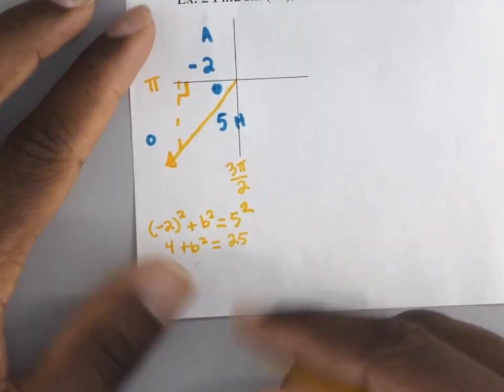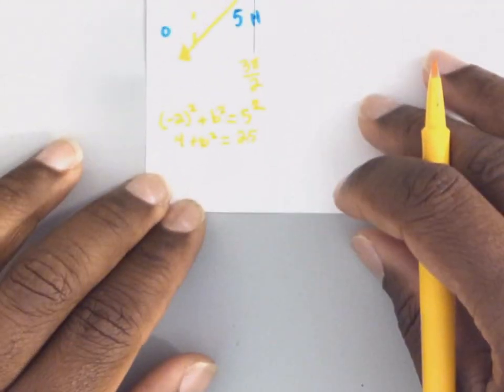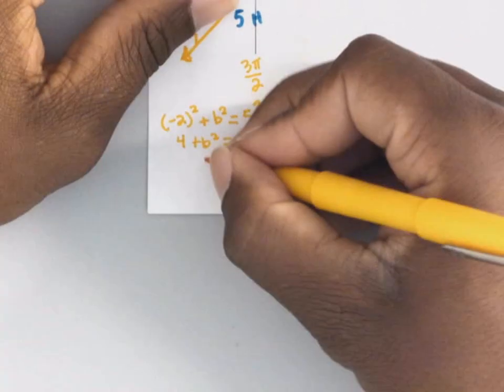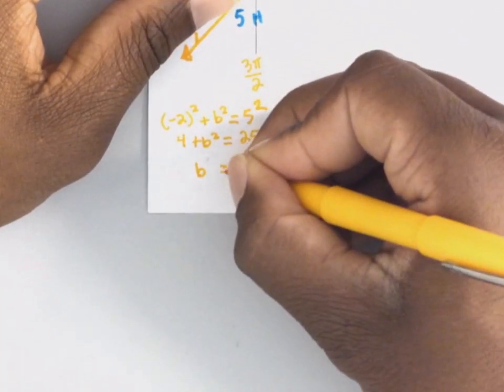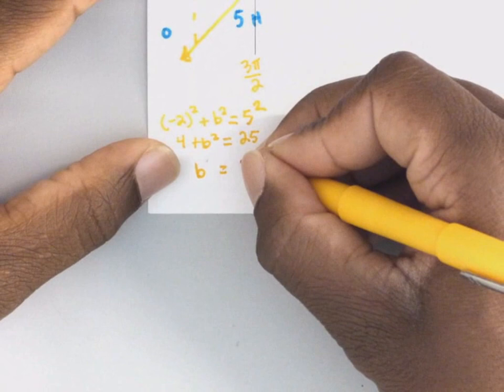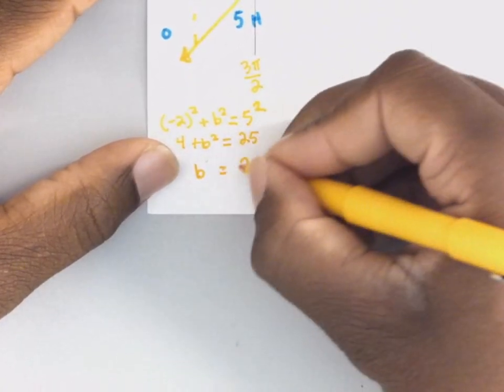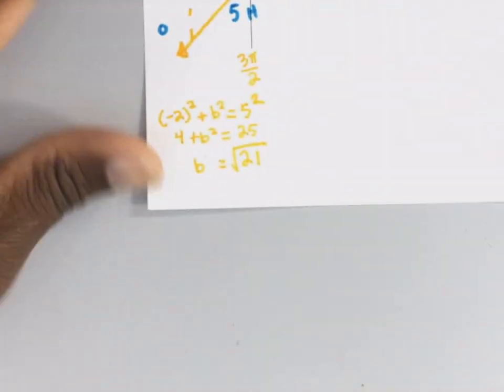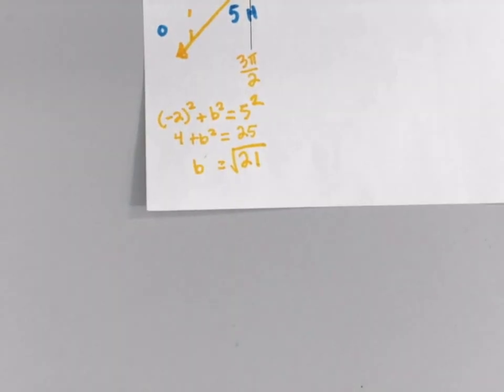I subtract 4 to get 21. And then I take the square root of both sides, and I get the square root of 21. Can I get a whole number from that? I don't think so. I can't. You're right.